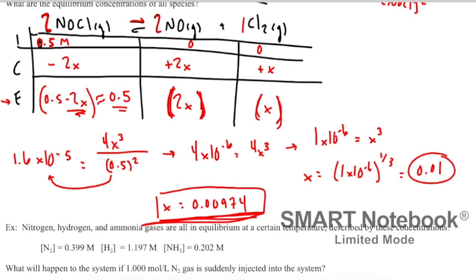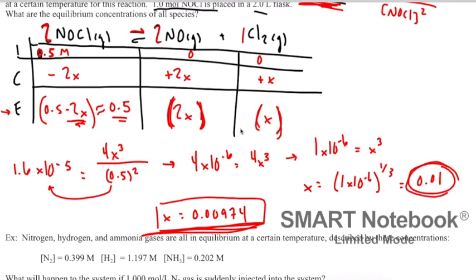Okay? So now that I have actually found my x, remember the whole point of this is to figure out what these equilibrium concentrations actually are. This rounding thing I did right here, and I did it because I recognize this change of negative 2x compared to 0.5 is really tiny, so as to be insignificant, I can approximate it away. I did that because my k value is really small.